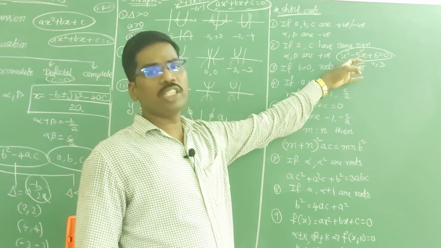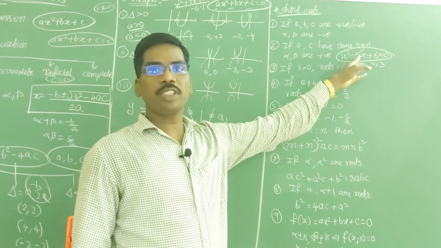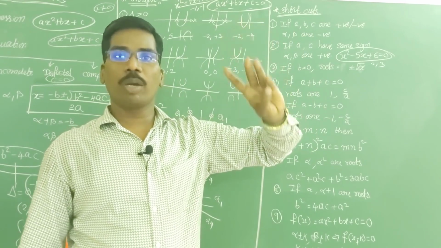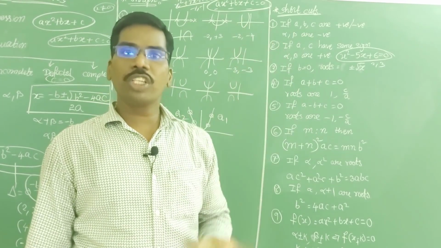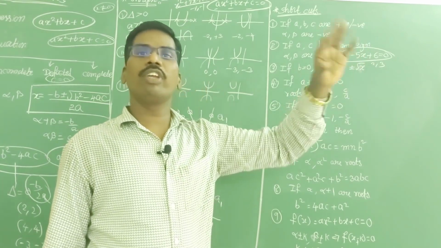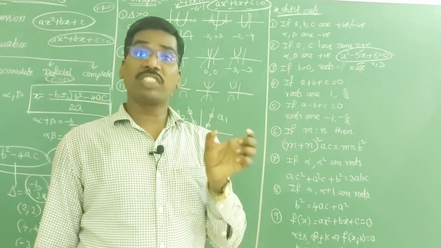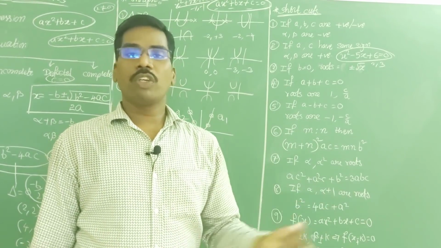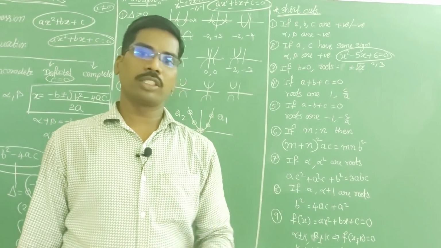If the options are 2 comma minus 3, minus 2 comma 3, 2 comma 3, and minus 2 comma minus 3, without solving we can say a and c have the same sign and b is different, so the answer has positive roots. That is a shortcut.